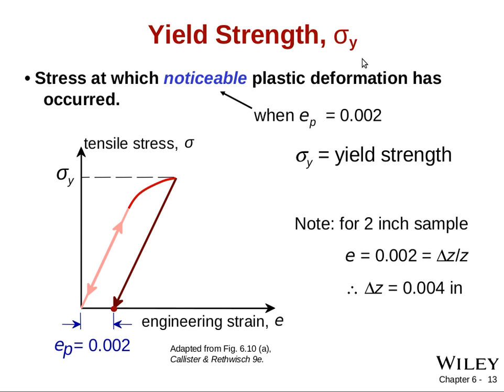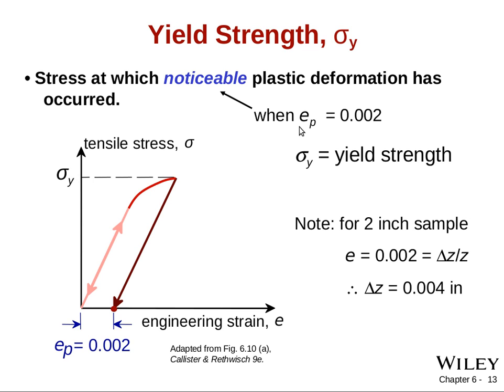So an important quantity to look at is the yield strength. The yield strength is the tensile stress at which noticeable plastic deformation has occurred. For metals, that's defined as an engineering strain of 0.002, or a percent elongation of 0.2%.